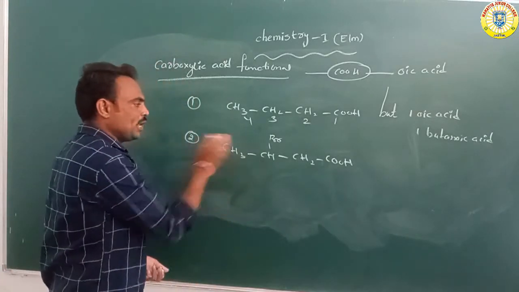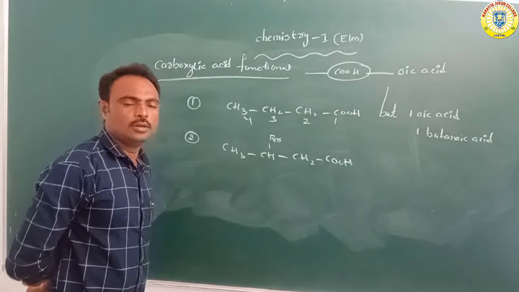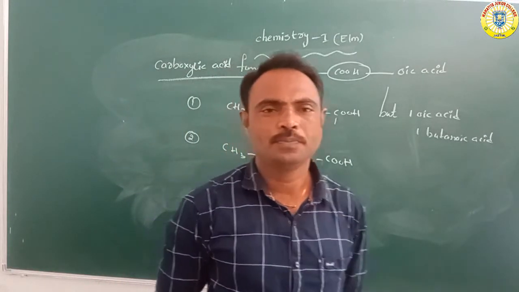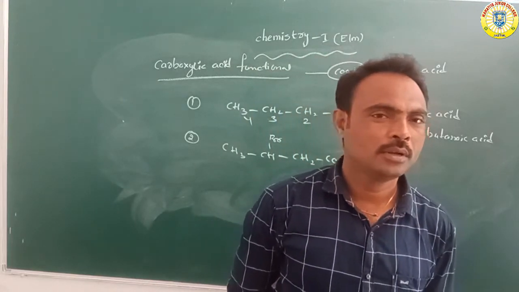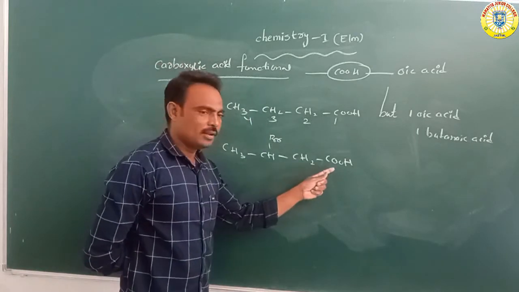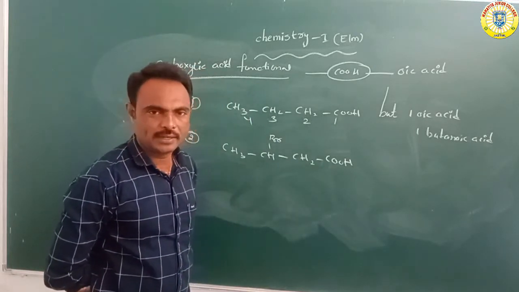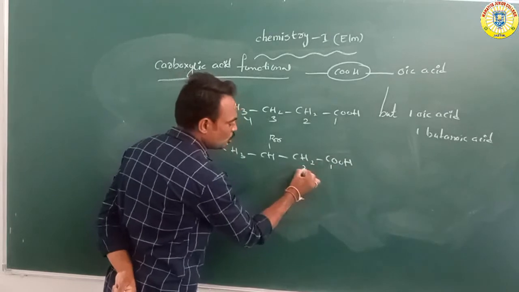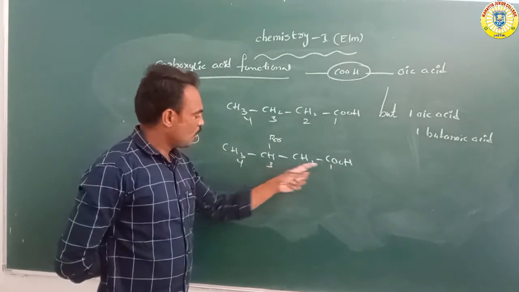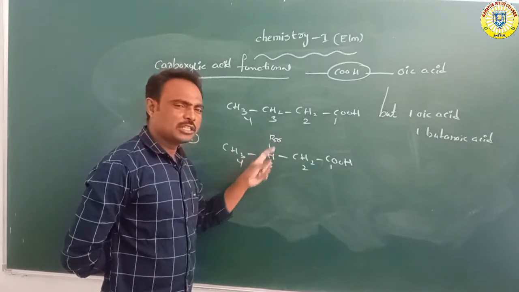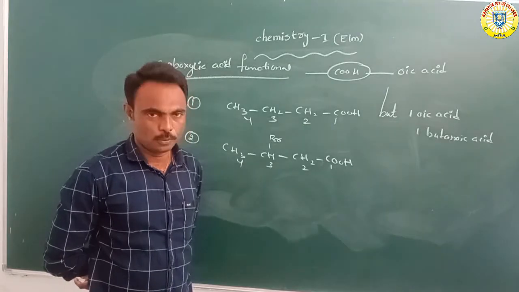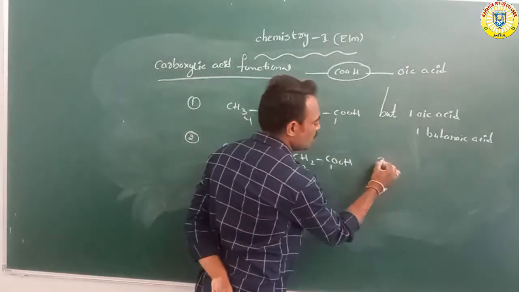Next, the second example. It is attached with the carboxylic functional group, and at the same time one more group, bromine. So we give the numbering from the carboxylic functional group side: 1, 2, 3, 4. Overall, the third carbon is attached with the bromine group, so 3 bromo.